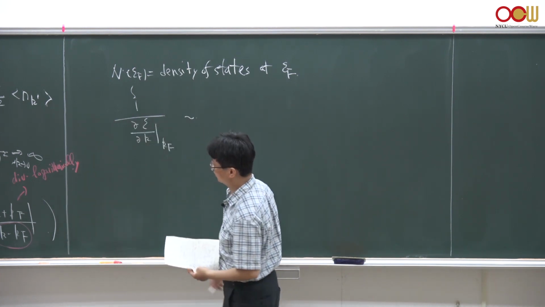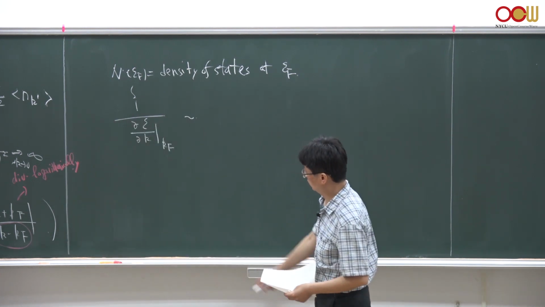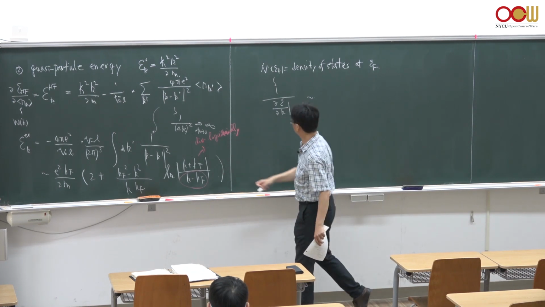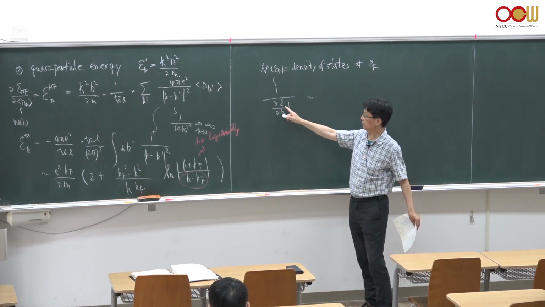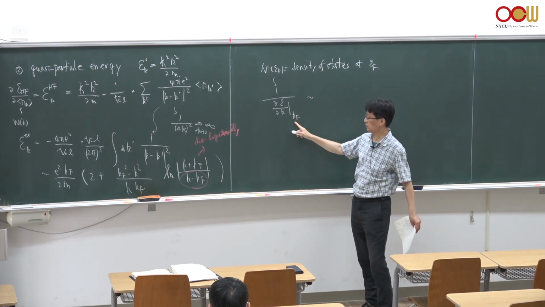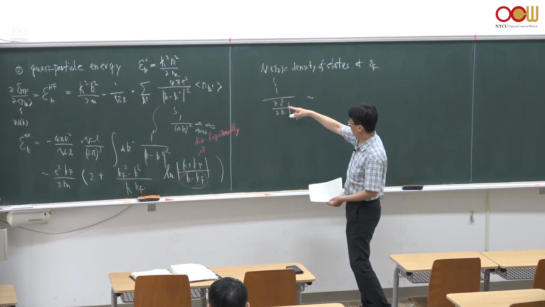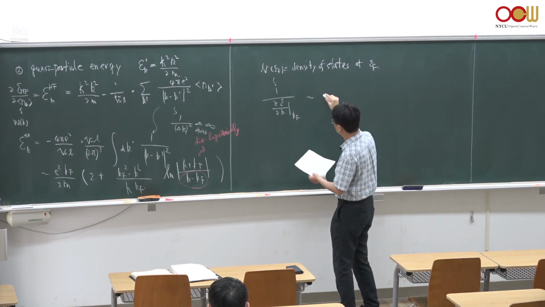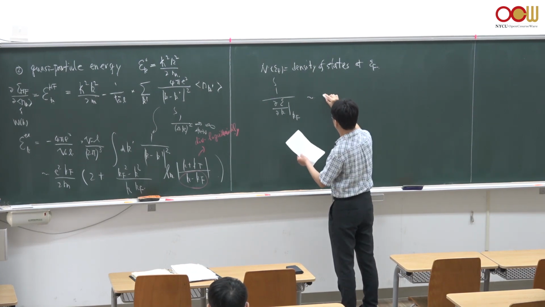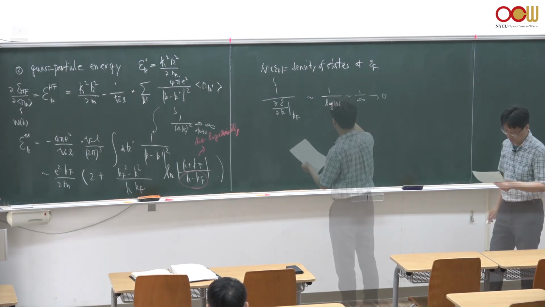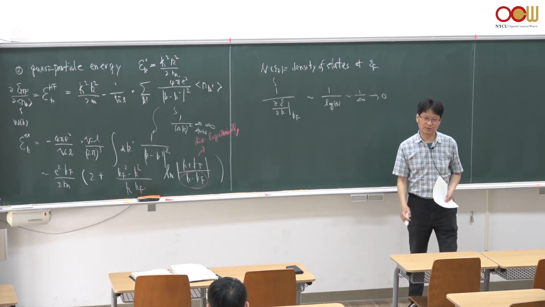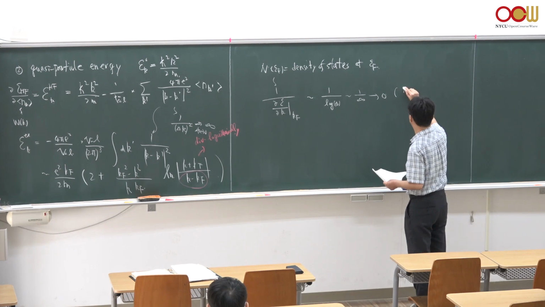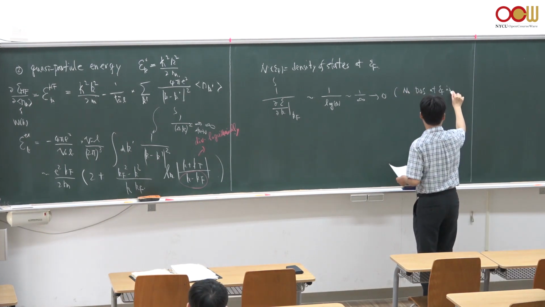And because of this logarithmic divergence in the energy, if you take the derivative of this Hartree-Fock energy with respect to momentum evaluated at k_F, you get the log divergence, right? So 1 over log, which is 0. All right, so which means that there is no density of states at the Fermi level within Hartree-Fock. No density of states in Hartree-Fock.